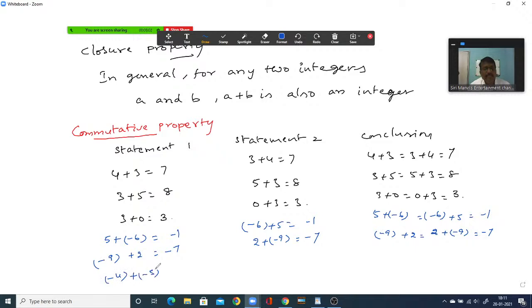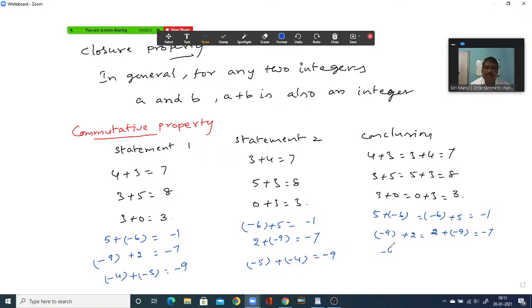I am taking two negative numbers. First, you have to add 4 plus 5, which is 9. Then two negative numbers are there, so we put a negative sign before the result. Next, minus 5 plus minus 4 is also minus 9, no doubt.